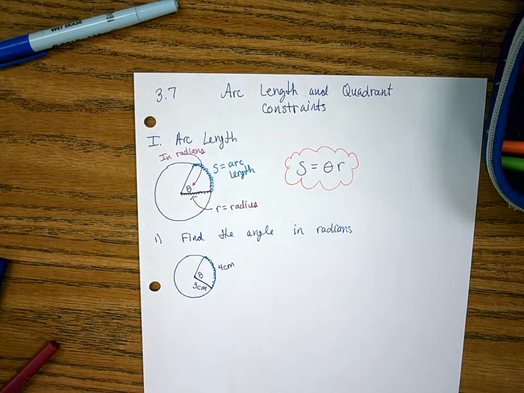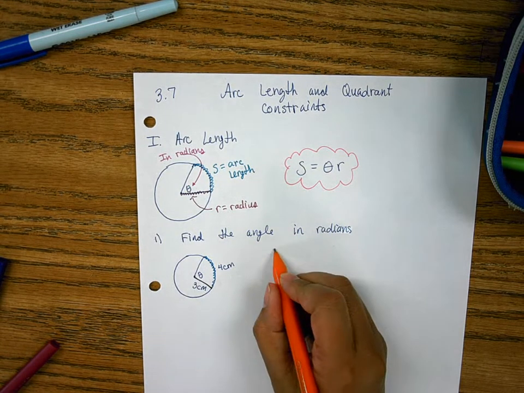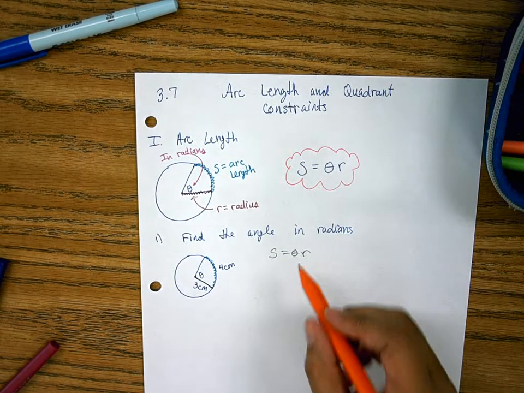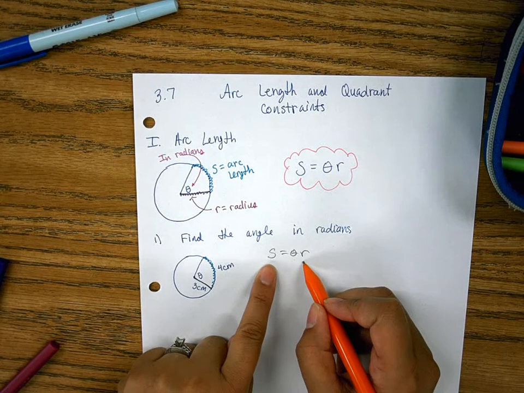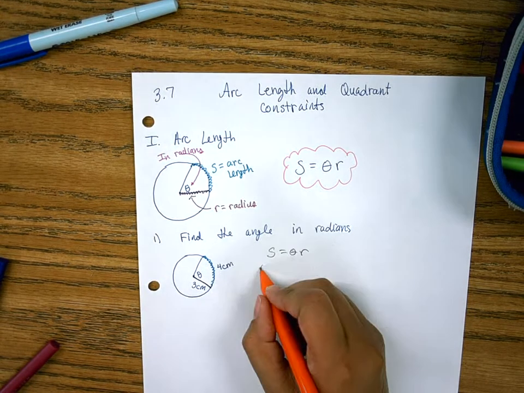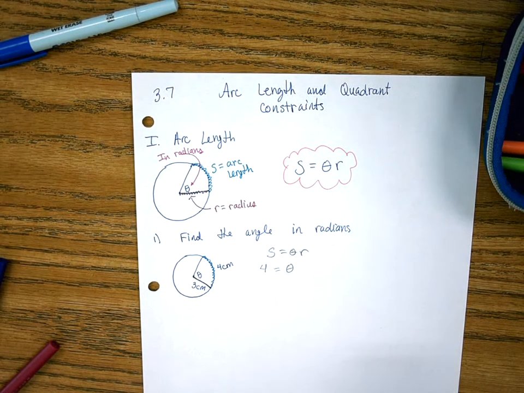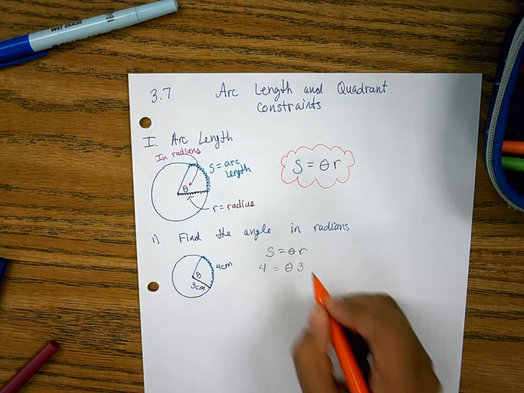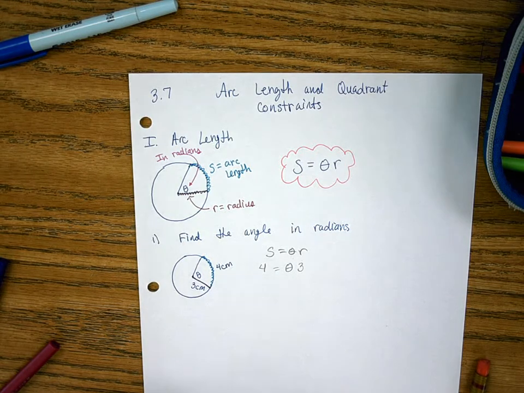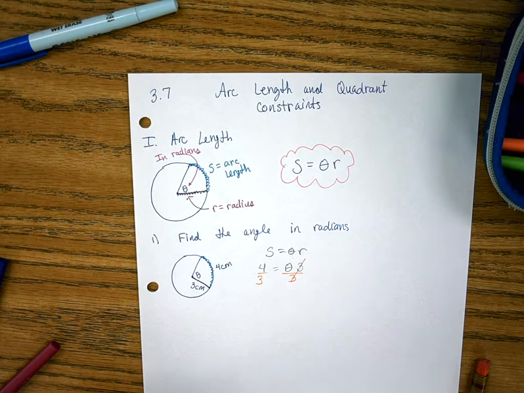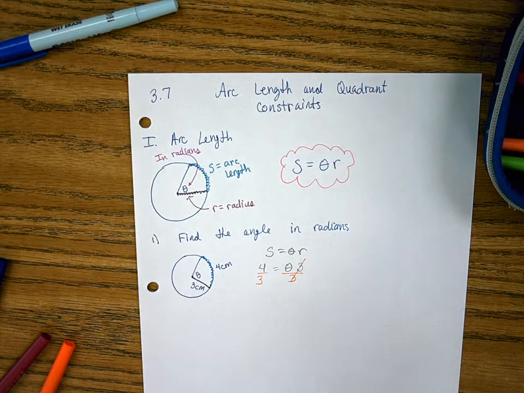Using our SOAR formula, S equals theta times r. What are we looking for? We're looking for theta, which means we should know S and r. S is the arc length, 4 centimeters, equals theta, which we don't know, times r, the radius, 3 centimeters. I'm looking for theta, so we divide both sides by 3, and theta equals 4/3.